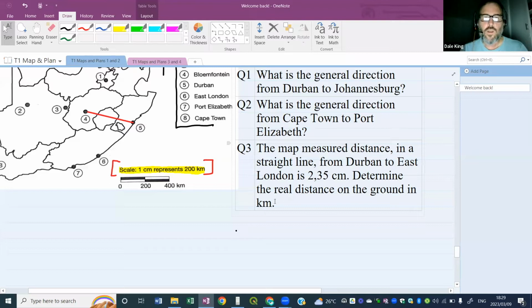Determine the real distance on the ground in meters. All right, there's the question. The map measured distance in a straight line from Durban to East London is 2,35 centimeters. Determine the real distance on the ground in meters. All right, off you go. Let's see you guys do that one.